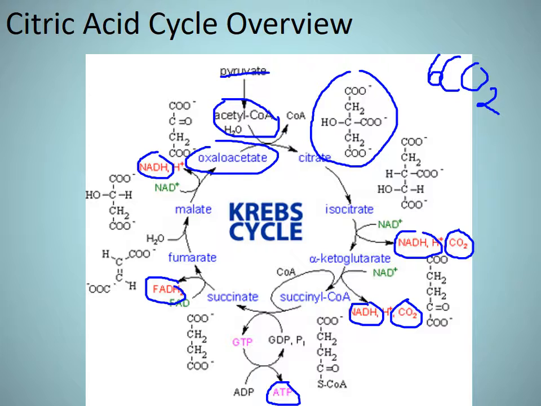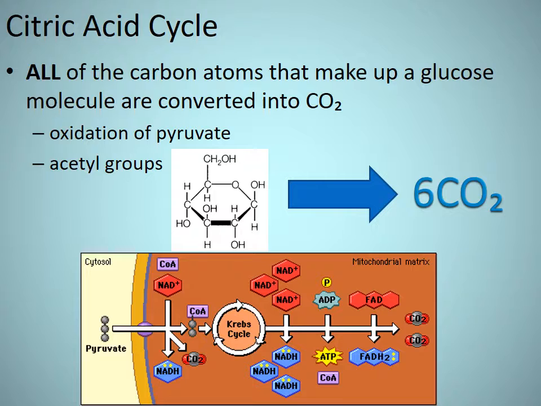So we see all of the carbon dioxide molecules forming through pyruvate oxidation and the citric acid cycle. Again, this is just me reiterating that all of the carbon dioxide molecules have been produced as a result of pyruvate oxidation and the citric acid cycle.